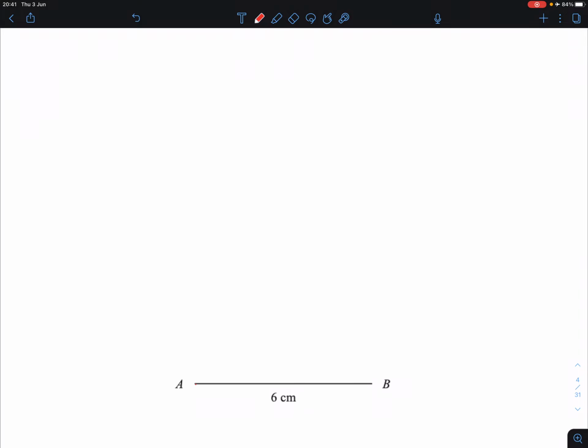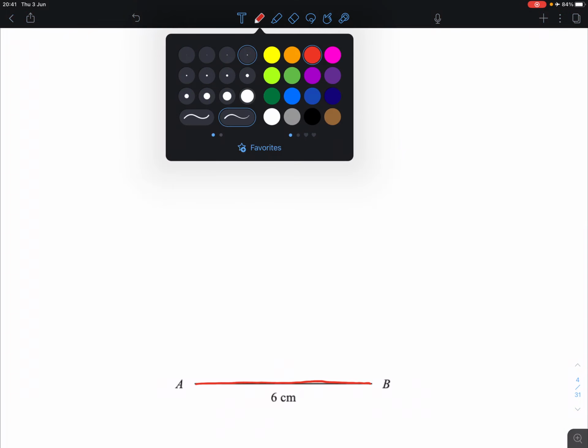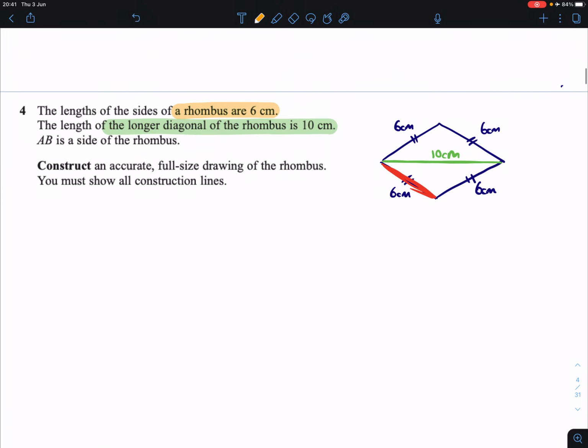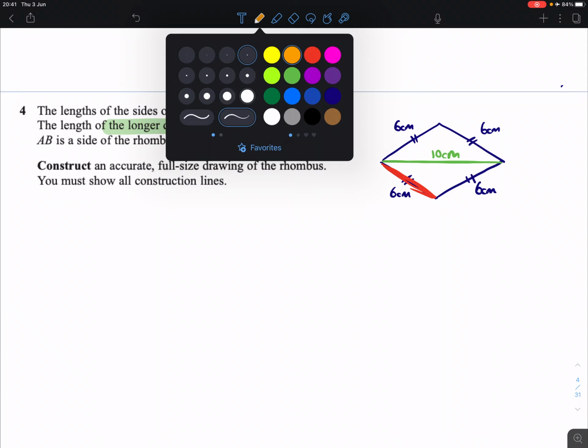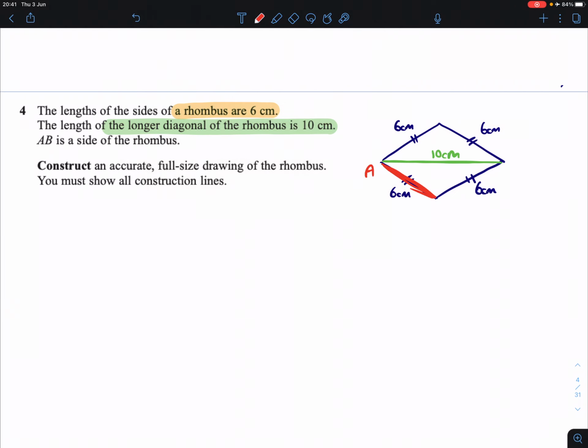Now, you can pick either side A and B to begin. The distance from A to the next corner, which we don't have to label if we want, and the distance from B to its next corner, both of those are 6.